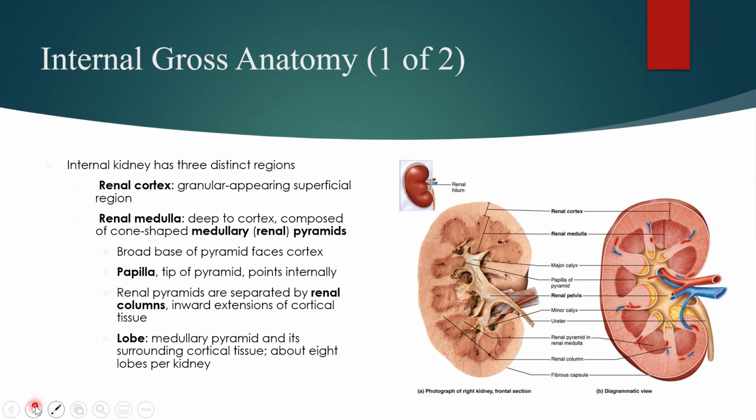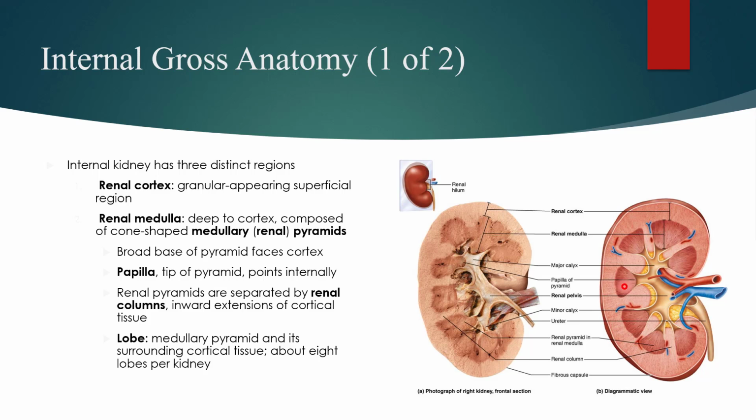Okay, so let's take a look at the internal anatomy. The kidney, just like any other solid organ, has two sections. The first section, the middle part, this part here that's really very busy, is what you call the medulla. And the outer section, which is quite smooth and not so busy in this picture, is your cortex.